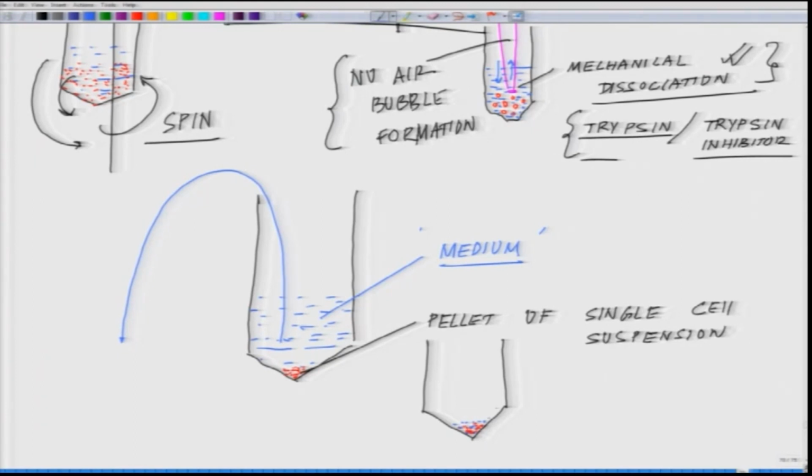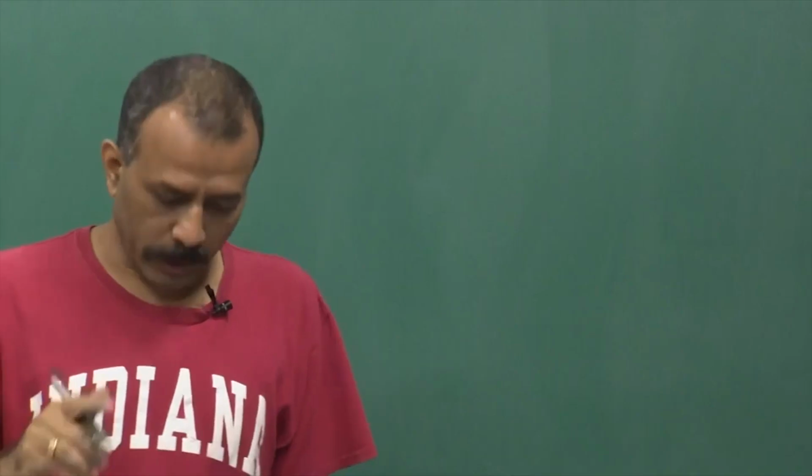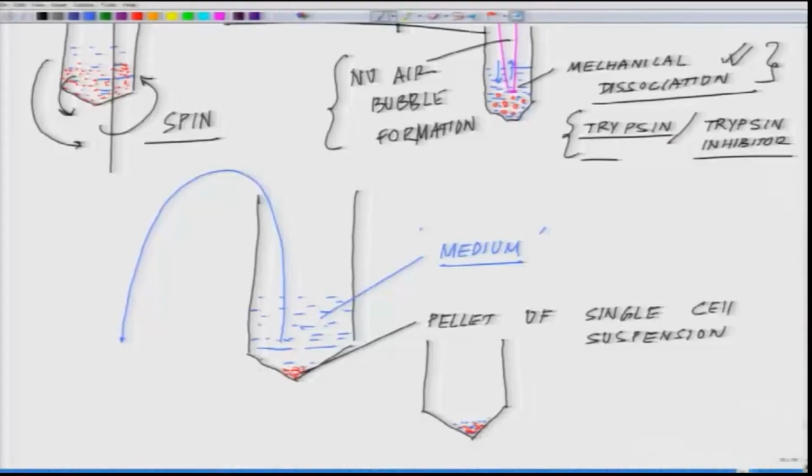I will not say, there will be some which will be chunks. You can get rid of the chunks, there is an easier way to do that. One shortcut is that at this stage what you do, you keep some medium and drop it in a sterile dish. Okay. What you do, you have the cells sitting.